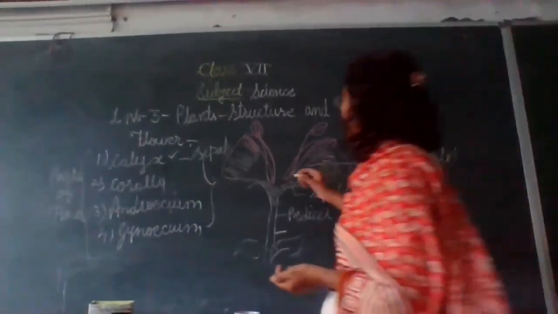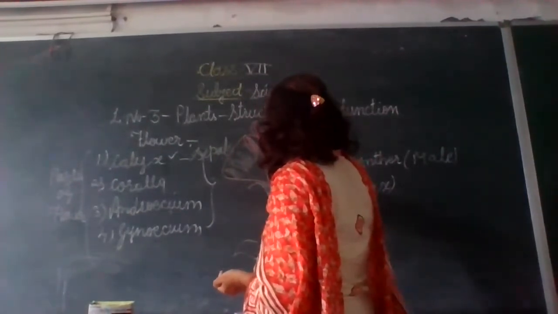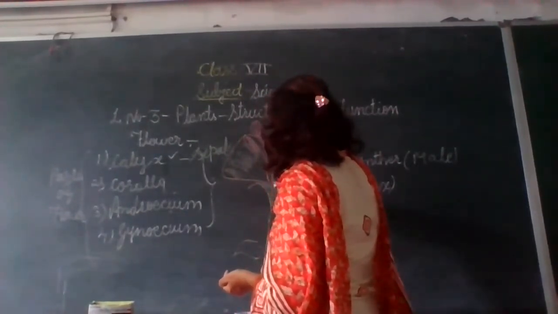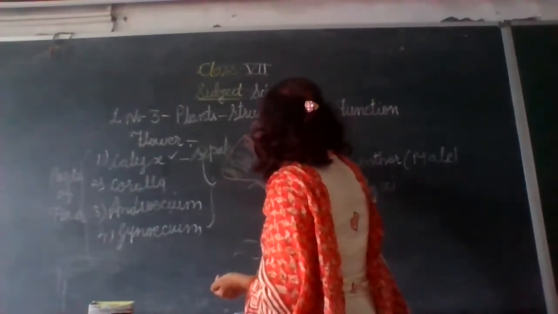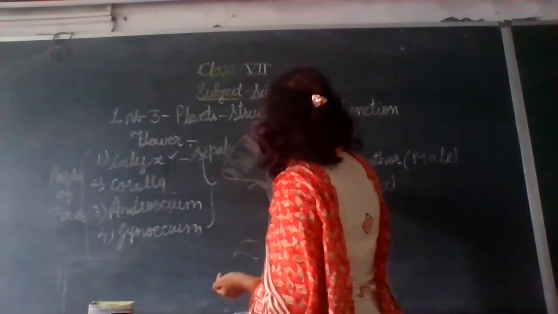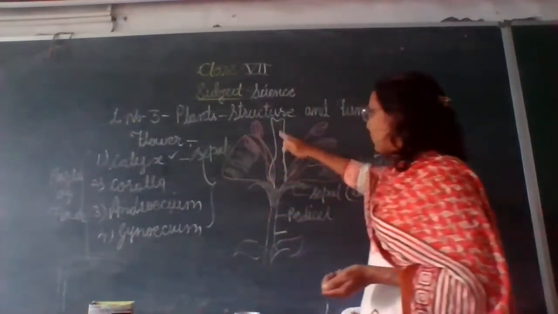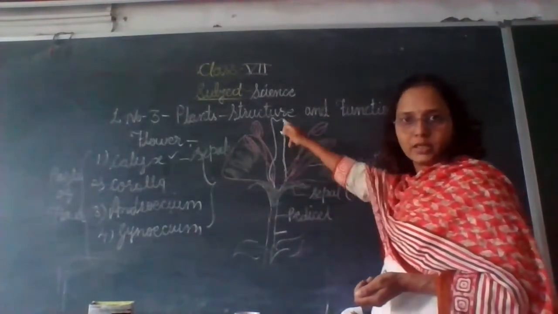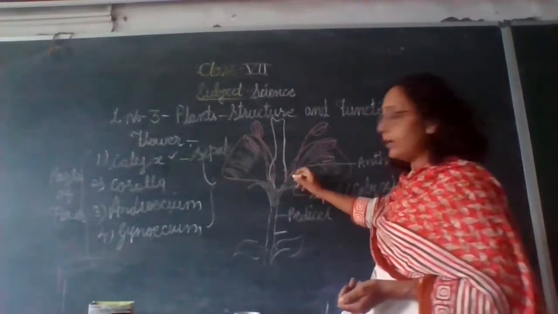In the center, the ovary is present, and the complete structure is called the carpel. See, this complete structure represents the female reproductive part of the flower.